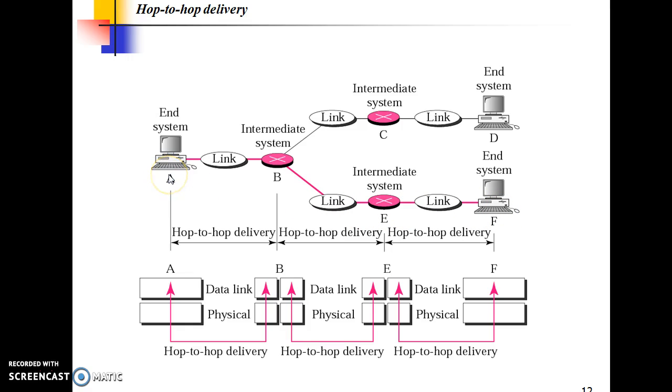Whenever the data is transmitted from A to B, it is hop to hop delivery, meaning node to node delivery. Again from B to E, it is hop to hop delivery, then E to F is hop to hop. These two layers, physical and data link layer, are responsible for hop to hop delivery.